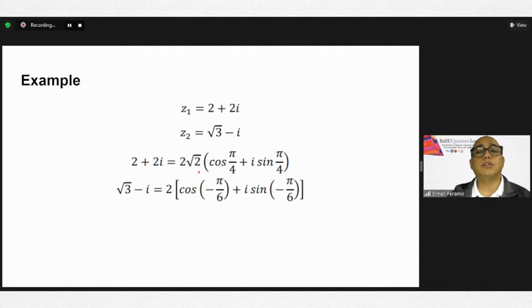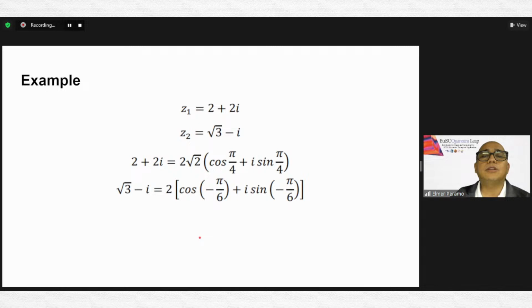So that's 2 square root of 2. And the angle is pi over 4, since 2 over 2 is 1, and arctan of 1 is pi over 4. So that's how easy it is, because it's a special angle. But that's how you convert a complex number from the rectangular form to the polar form. Same thing here.